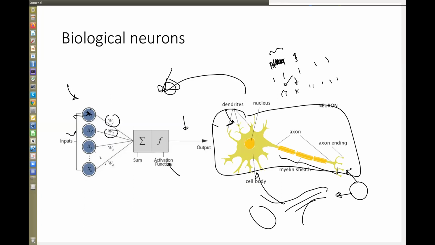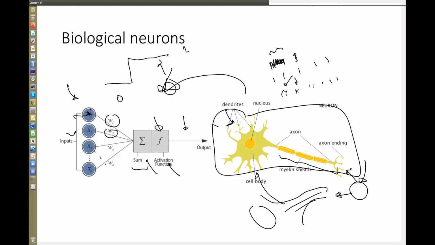Each of these neurons may have different effects on the target neuron, so I weight and sum all of this together. When this sum is sufficiently big, larger than some threshold, you will send some signal. At least this is the original idea. So in the past, the activation function would be, for example, a step function: if the sum is sufficiently big, I will have a signal one, otherwise a signal zero.